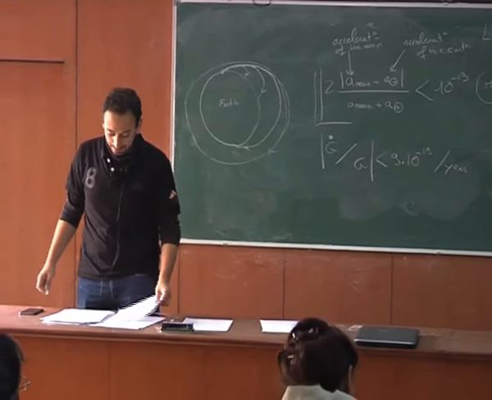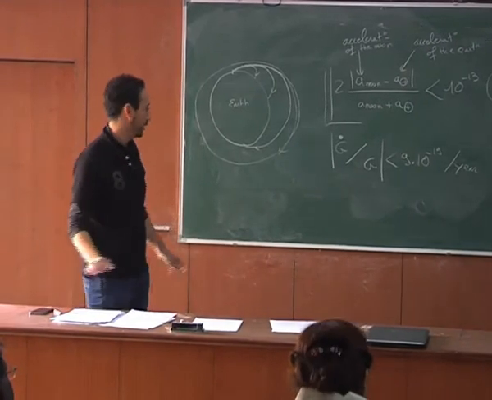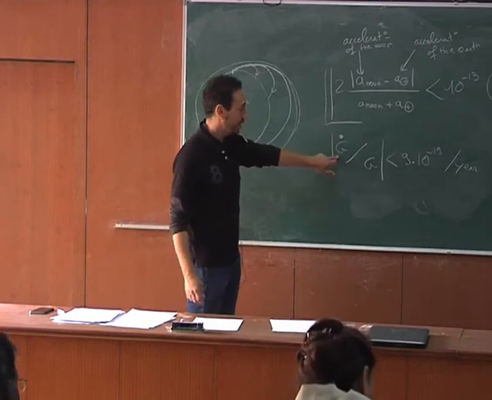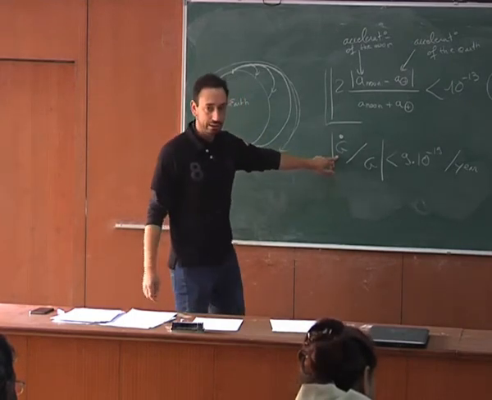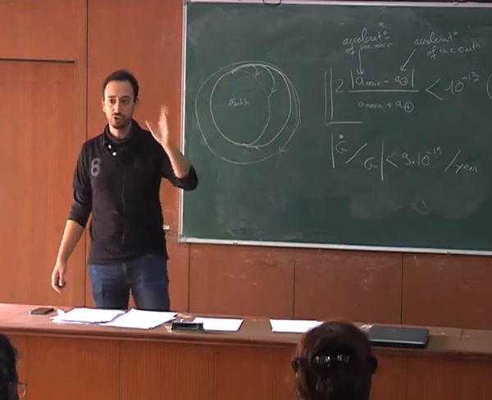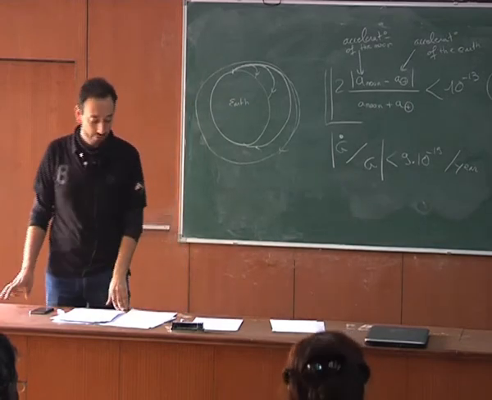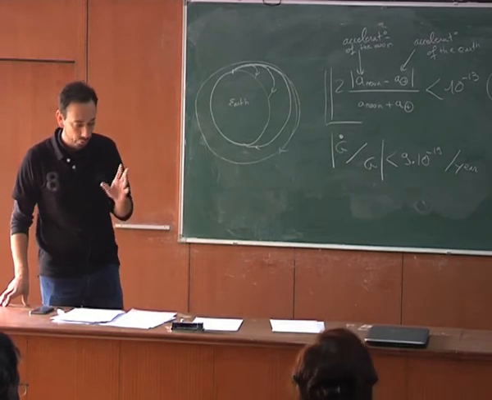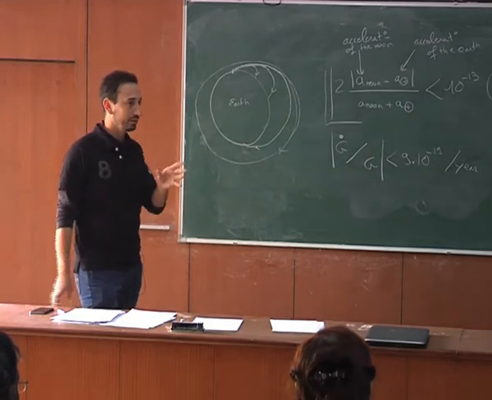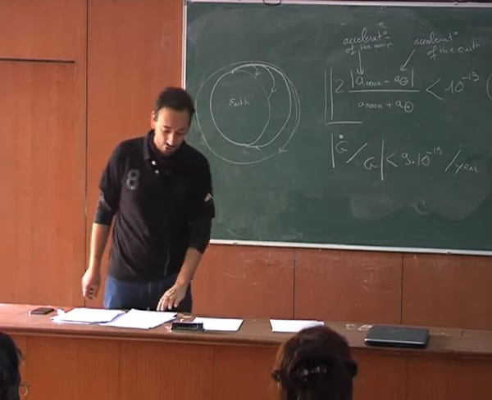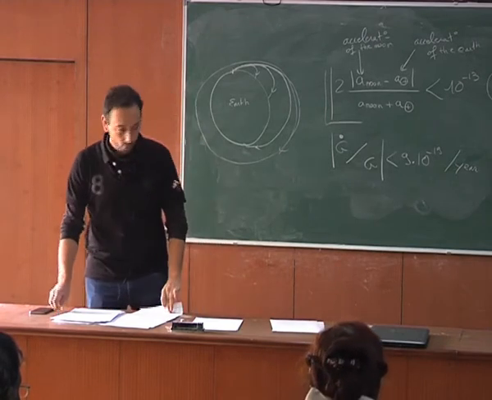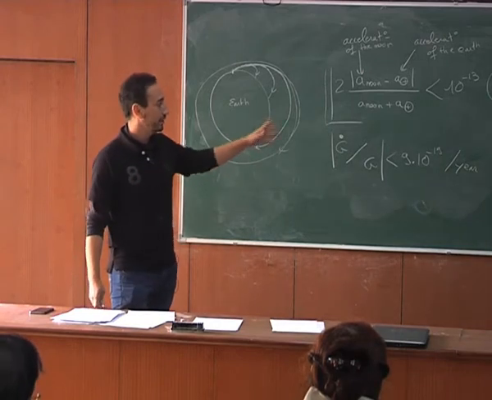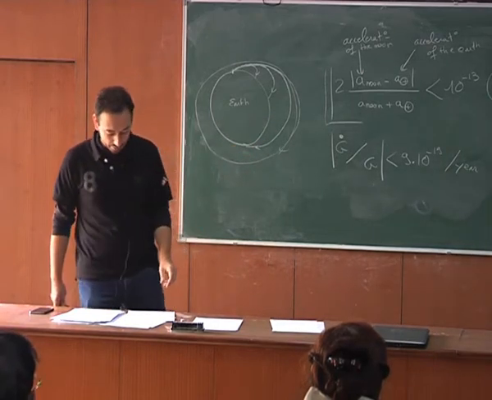So that is another experiment showing that if G is changing over the years, it changes very little. So again, it shows that general relativity is a very good theory. We'll continue on that, but what I'm trying to explain is that it's not easy to change Einstein's theory. You have to keep in mind all these experiments. Each of them is important. Each of them is saying that GR is the right theory.